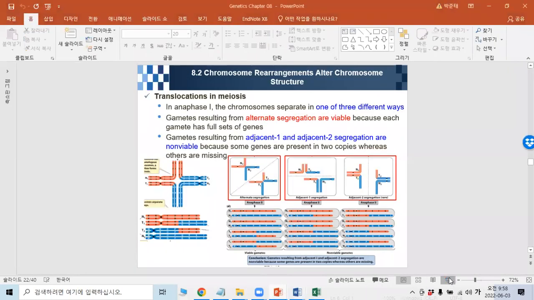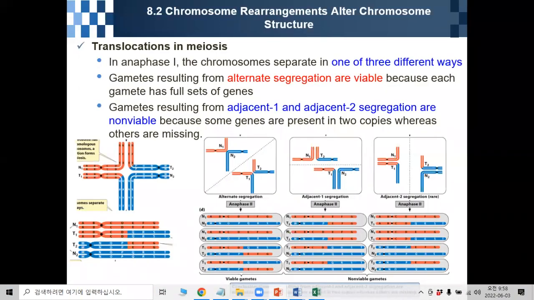Because we are in a genetics class, chromosomes are very important and translocation is very important. Usually during anaphase 1, they make a cross-like structure. You have to draw the picture like this, very important. In the final term exam, you have to draw it like this.